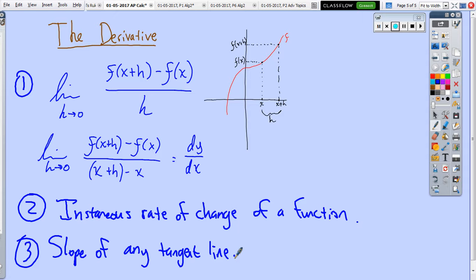Now, even though a function may not be considered differentiable for its entire domain, you could still take the derivative at certain points that are differentiable. For example, let's say you had the absolute value function. That's not considered a differentiable function because its domain includes the cusp, that x coordinate is part of the domain.